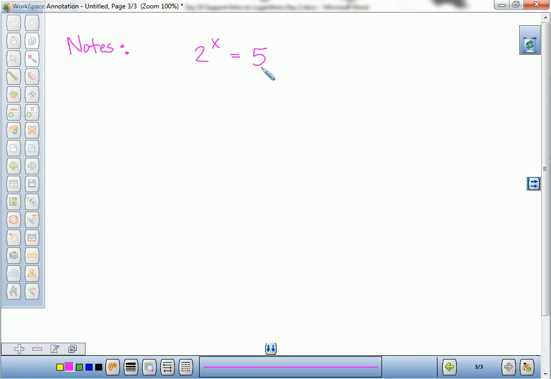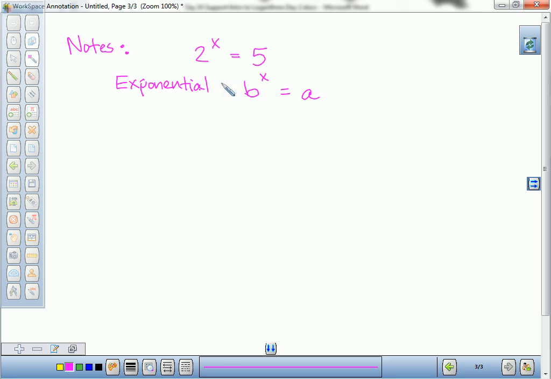But not all equations fit into that pretty little form. Okay? So what that develops is something called a logarithm. This form is called exponential form. And with exponential form, we have a base raised to an exponent equals an answer.